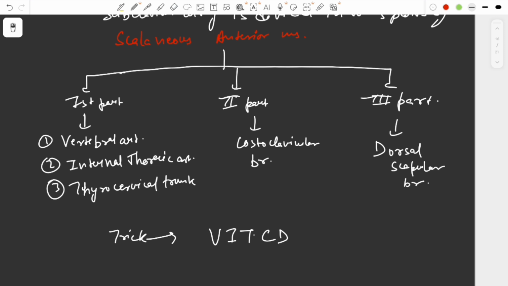C is for the costocervical branch from the second part, and D is for the dorsal scapular branch, which is from the third part. So from the first part are the vertebral artery, internal thoracic artery, and thyrocervical trunk; from the second part the costocervical branch; and from the third part the dorsal scapular branch.